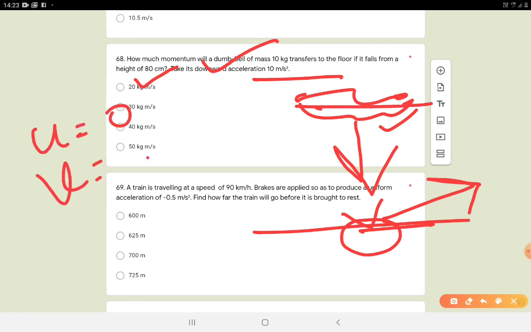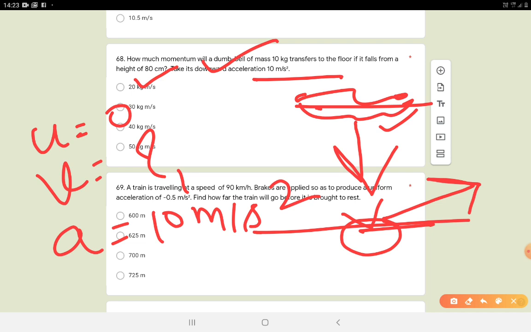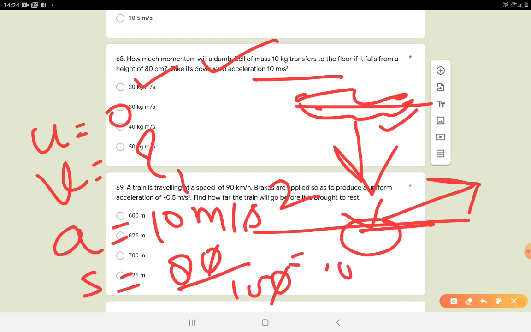We have to find the final velocity, and we know the acceleration, which is 10 meter per second square, and the distance from which it is falling. That height is given as 80 centimeter. So we have to convert this centimeter into meter first. I will convert it, 80 upon 100, so it will be 8 upon 10, it will be 0.8 meter.